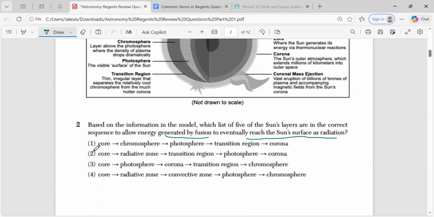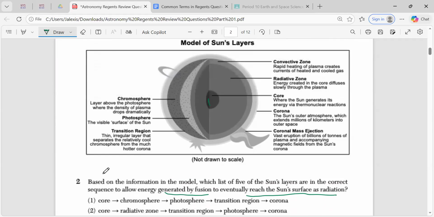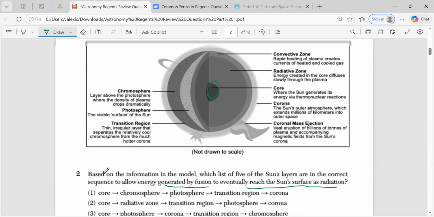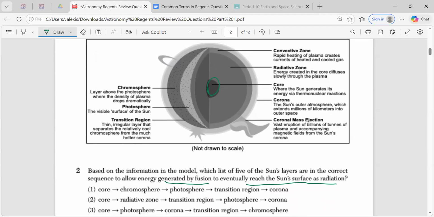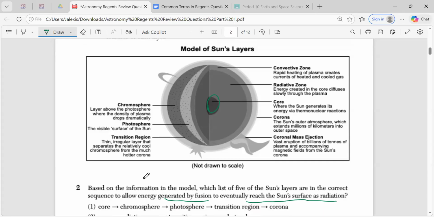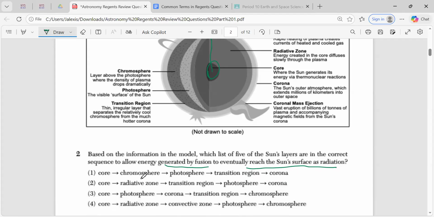So according to our multiple choice, it starts with the core, which is right here, right? This is where fusion takes place. And we have to find out what is the correct sequence of order that allows energy generated by fusion to reach all the way to the sun's surface. So energy that begins here and eventually reaches all the way to the sun's surface, right?